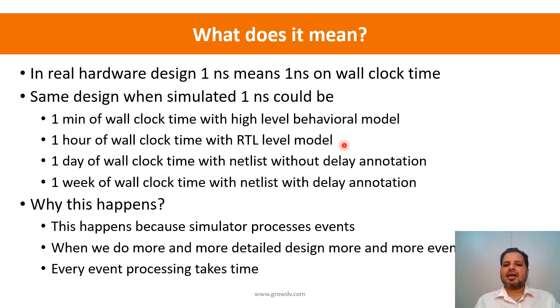But if I do the same thing with Booth's algorithm, it might take 1 hour because the level of detail has increased. The number of components that need to be simulated has increased. So when I do the same implementation in the form of RTL, it will take much longer.